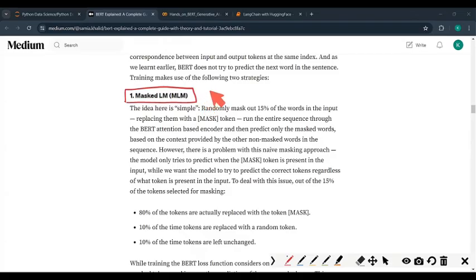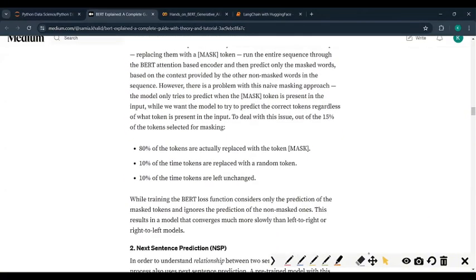But you have to say that BERT has these two components: one is called masked language model and one is called next sentence prediction. On the basis of these two components, it will try to challenge itself to learn the sentence structure, the meaning, the context, everything.